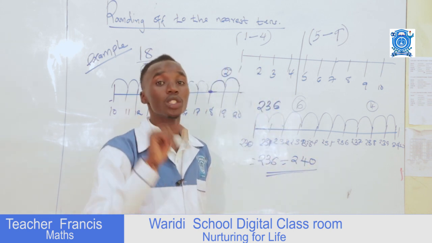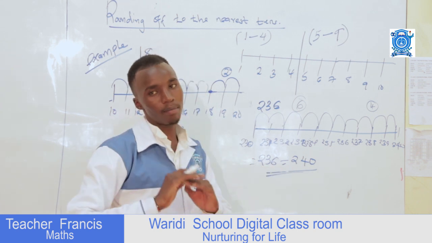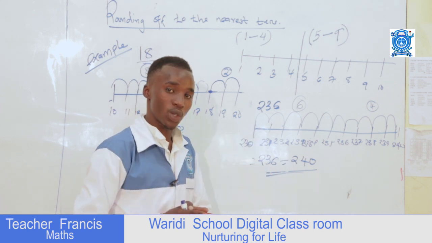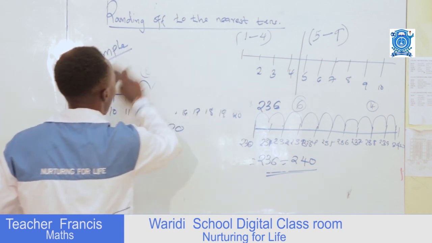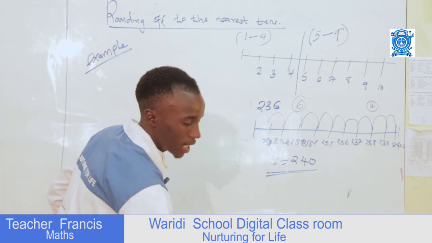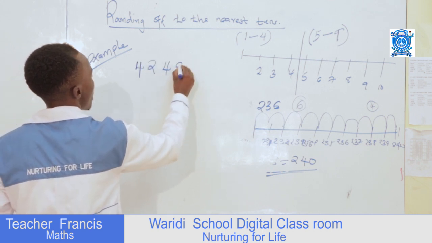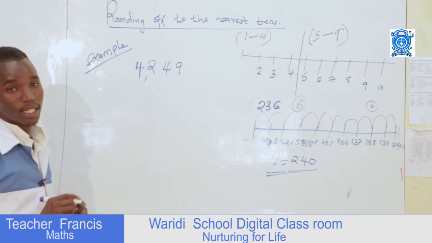That is when the question requires you to use a number line. But now I can imagine if you have a number like 2436, what will you do? Let me help you with something very small. If we have a number like 4249, I want to round off this number to the nearest tens.